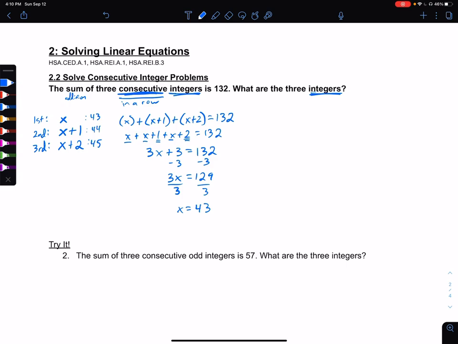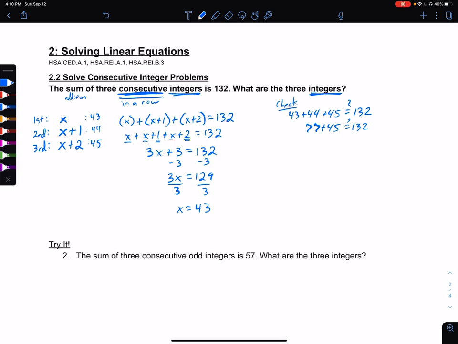We should check this and make sure that it is correct. So you would do 43 plus 44 plus 45 and make sure that it actually does add up to 132. If I add these, I would get 77 plus 45. So this is our check. I forgot to write that down.